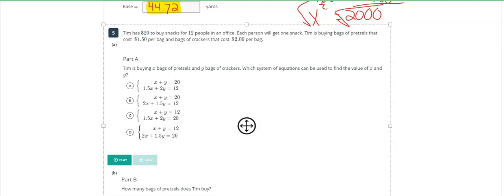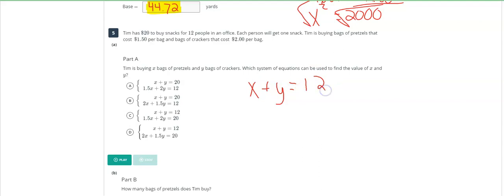Okay, so if we have X for pretzels and Y for crackers, and we know he's buying for 12 people, I know that X plus Y needs to be equal to 12.